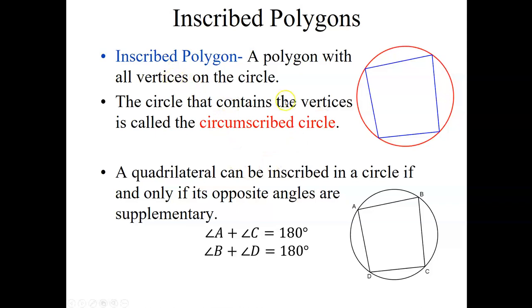So all of the vertices are on the circle. The circle that the vertices are on is called the circumscribed circle. The one thing we discussed in class is that the only way to inscribe a quadrilateral inside of a circle is if the opposite angles are supplementary.